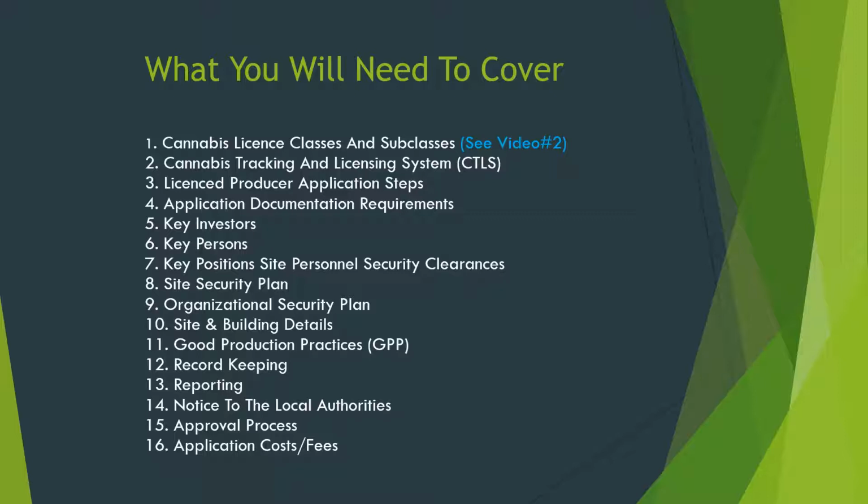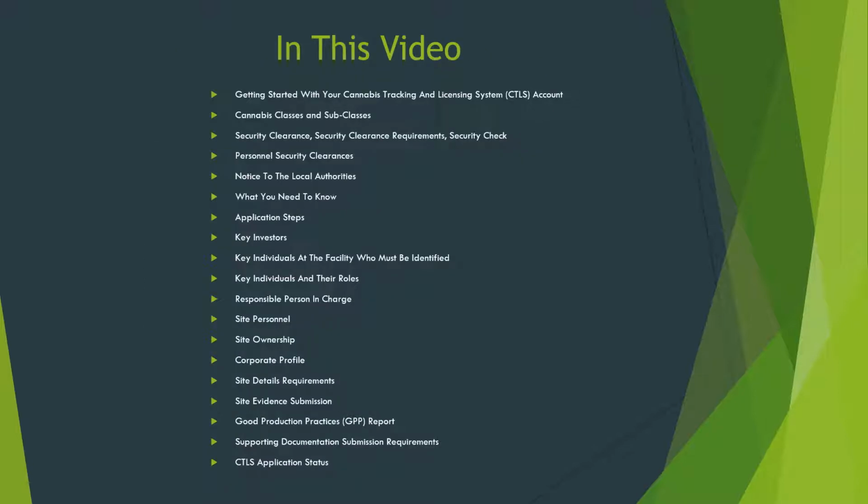And the rest, just browse through quickly and get a sense of what you will need. Many of these are covered in this video. However, others such as your organizational security plan and site and building details, good production practices are covered in great detail in other videos. The contents on this slide are the ones that are covered in this video.